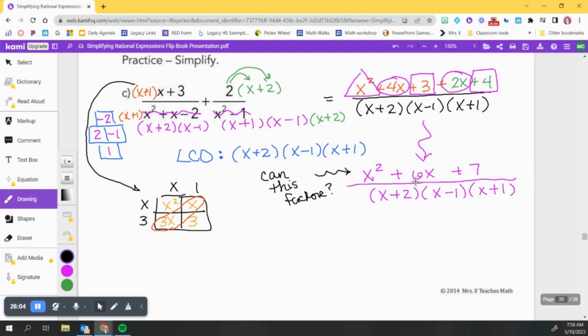That's what you would have for your hopscotch squares. If maybe this was a -7, that would have worked. But because it's a +7, it's not going to factor. So can this factor? No, so then we know we are finished. But that is one little check that you need to make to finish, making sure that you've simplified all the way.